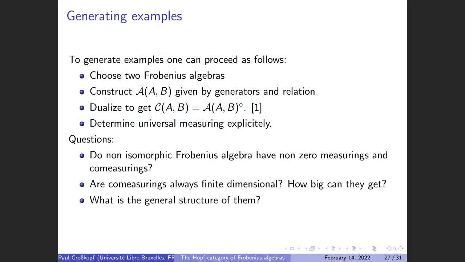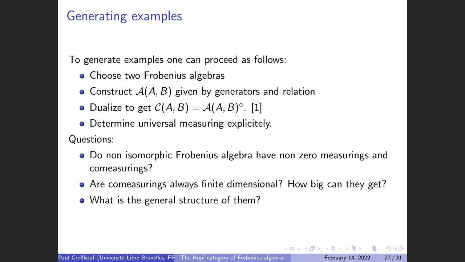So what I want to talk about for the rest of the talk is how to generate examples, how we generated examples, and how far we got. So luckily there's an efficient way of generating examples: I can just choose two Frobenius algebras. There's an explicit way of describing the co-measuring algebra by generators and relations.